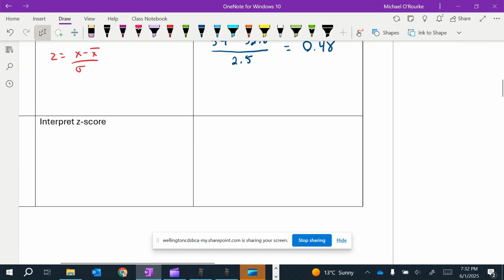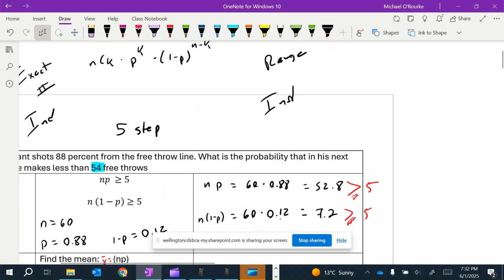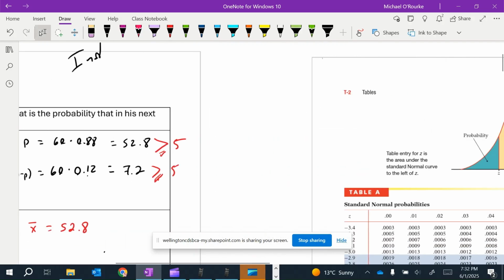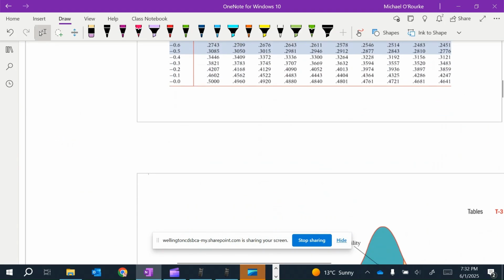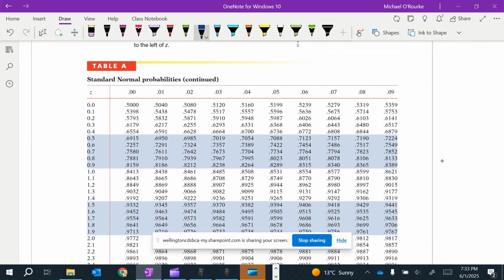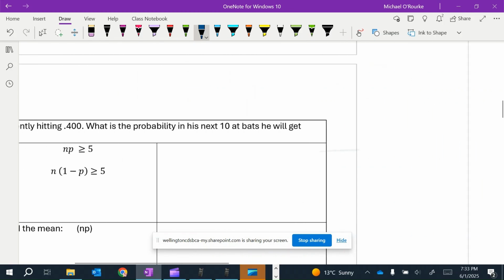Then we need to interpret the z-score. We're looking for less than 0.48, so we go over to our z-score table and find 0.48. It's right here: 0.6844.